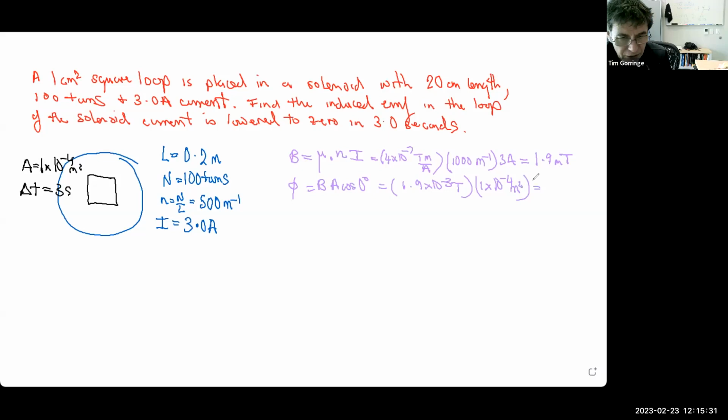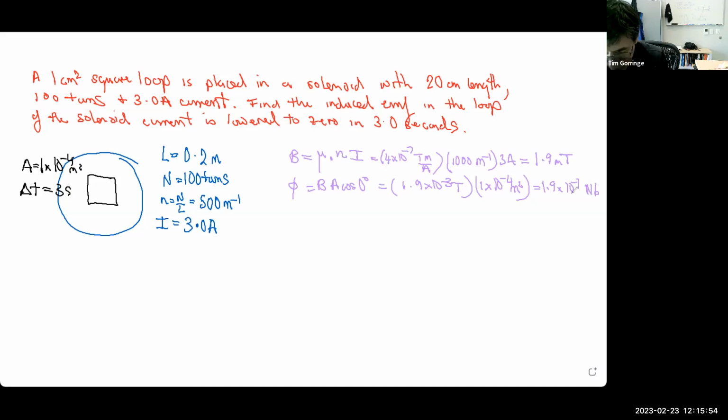And if you calculate that product, I got 1.9 × 10^-7 webers. Webers is the unit of flux. It corresponds to teslas times meters squared. 1 weber equals 1 tesla meter squared.